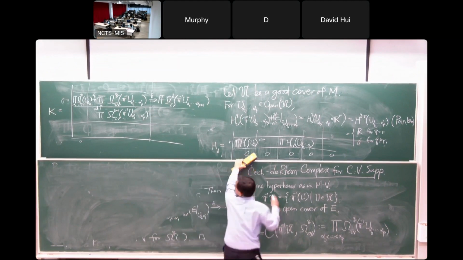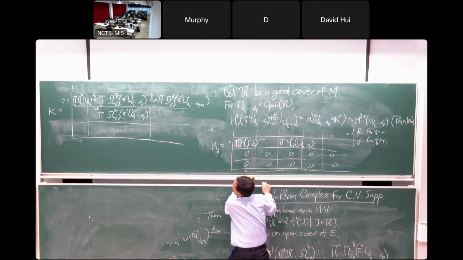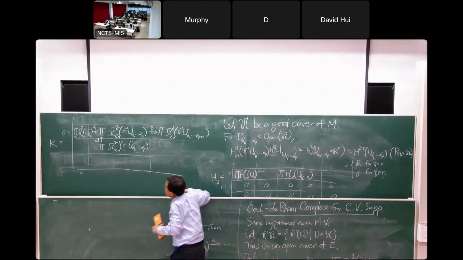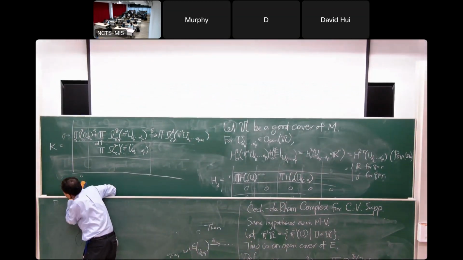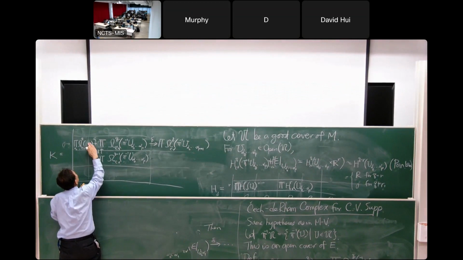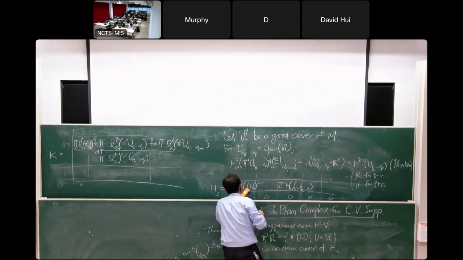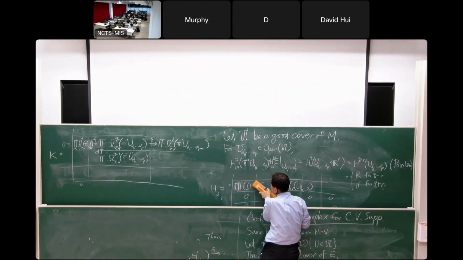Sorry, again. Just a minute here. I always forget to put in the pi inverse. There should be pi inverse U alpha 0 here. And you should have pi inverse here.